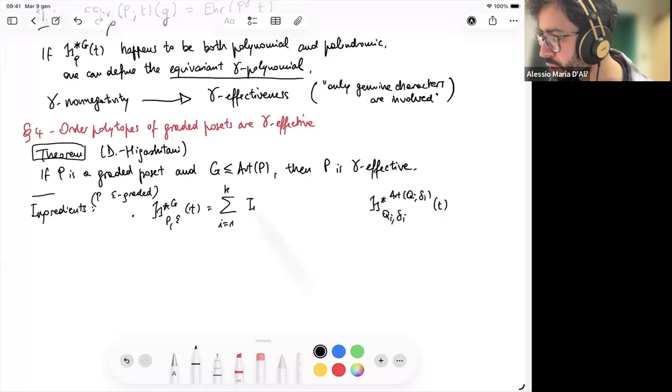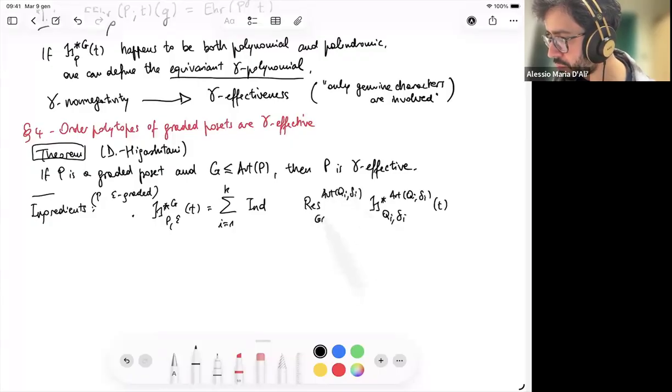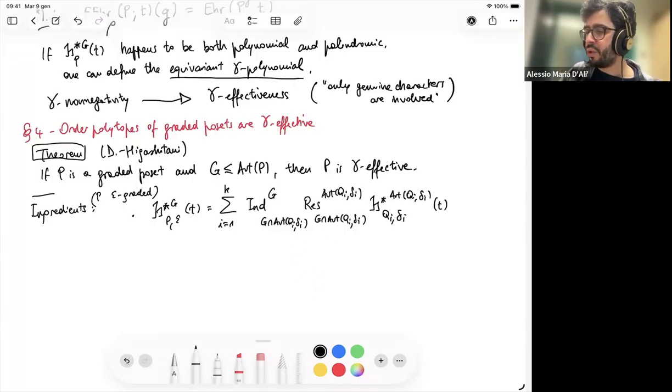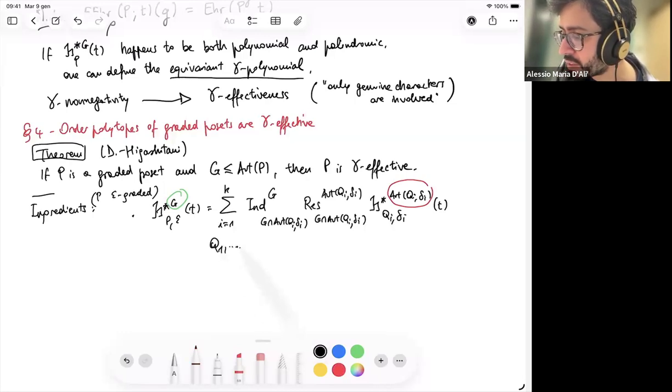And then I get a bunch of induced and restricted representations. So pretty much the miracle that is happening here is that even though here I'm working with G and here I'm working with some other group, I can still find a way to relate the two expressions. And these Q1, ..., QK are just representatives for the orbits.